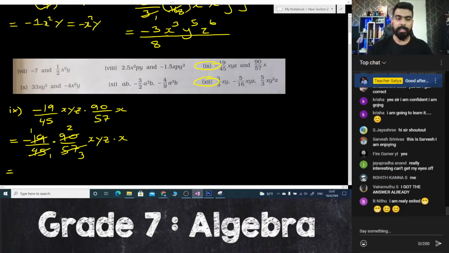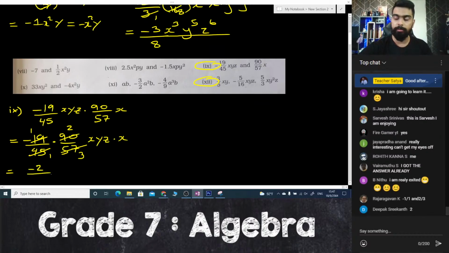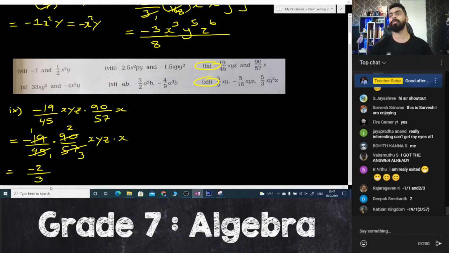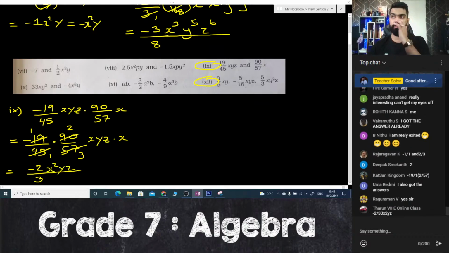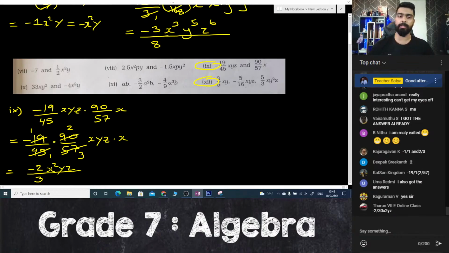Now, minus 1 times 2 is going to give us negative 2 over 1 times 3, which is going to give us 3. And then x, y, z multiplied by x will give us x square y, z. There we go. That is our answer. Very, very easy, right, guys? Not difficult at all.